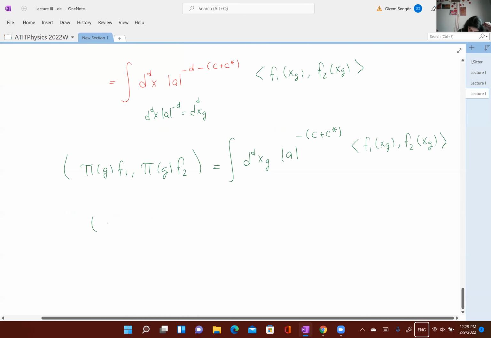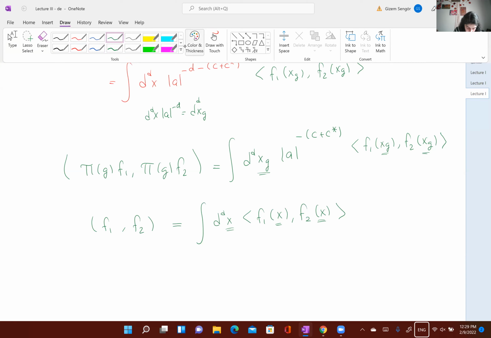Now, if you compare the normal inner product, the well-defined inner product on the function space was as follows. At this point, these are just integration variables. So these are the same.